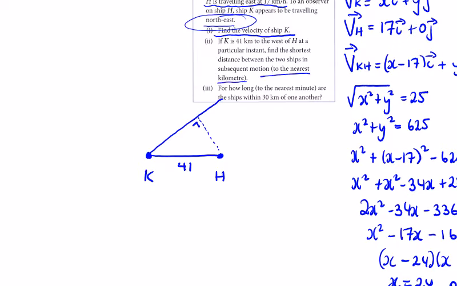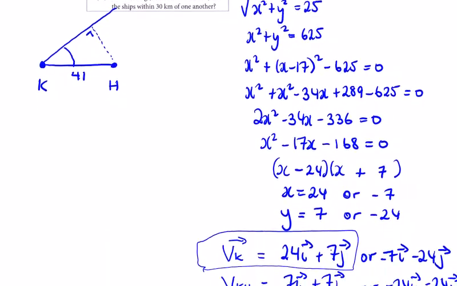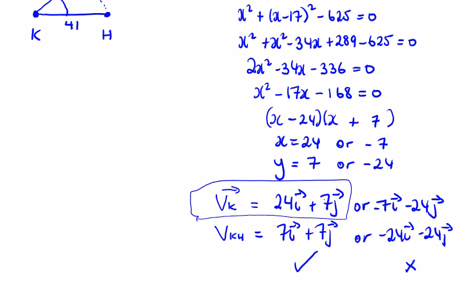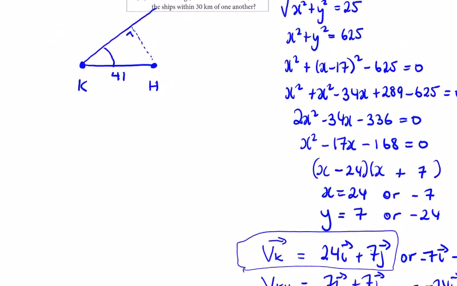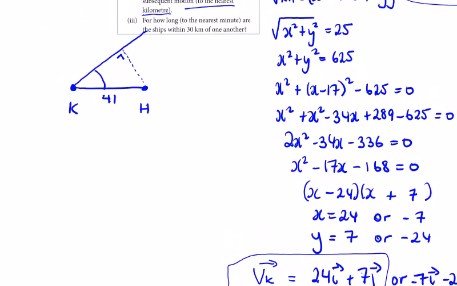So we need that angle inside the triangle based on the velocity, and it was 7i plus 7j, K relative to H. So that's 7 over 7. That's going to give us 45 degrees, the inverse tan of 1. So we're looking for x. That's opposite and hypotenuse down the bottom.